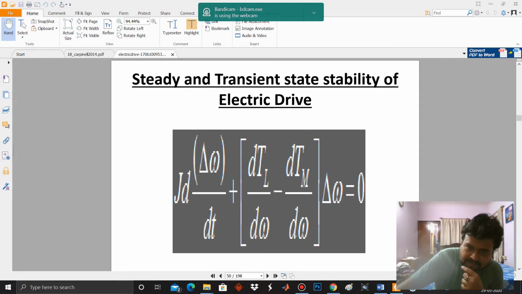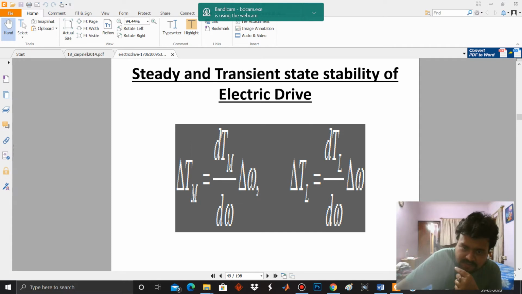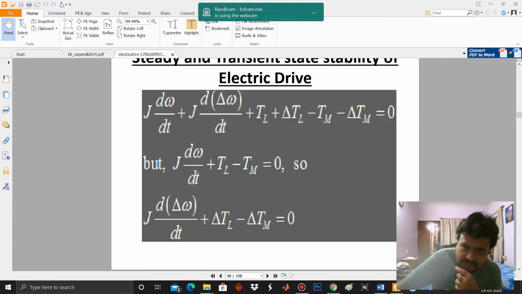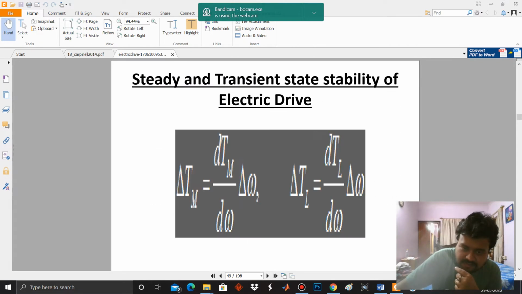So now if we substitute in that equation, we will get this. So this is a first order differential equation. What we will do is substitute this in the above equation.